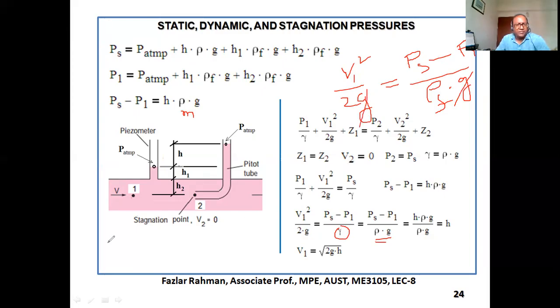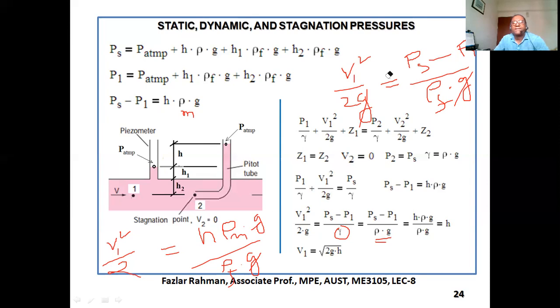Now you are getting V1 square divided by 2 equal to PS minus P1. PS minus P1 equals H rho M into G divided by, right over here, rho into G. And what is this rho? Rho is the flowing fluid. Then this G will be out.